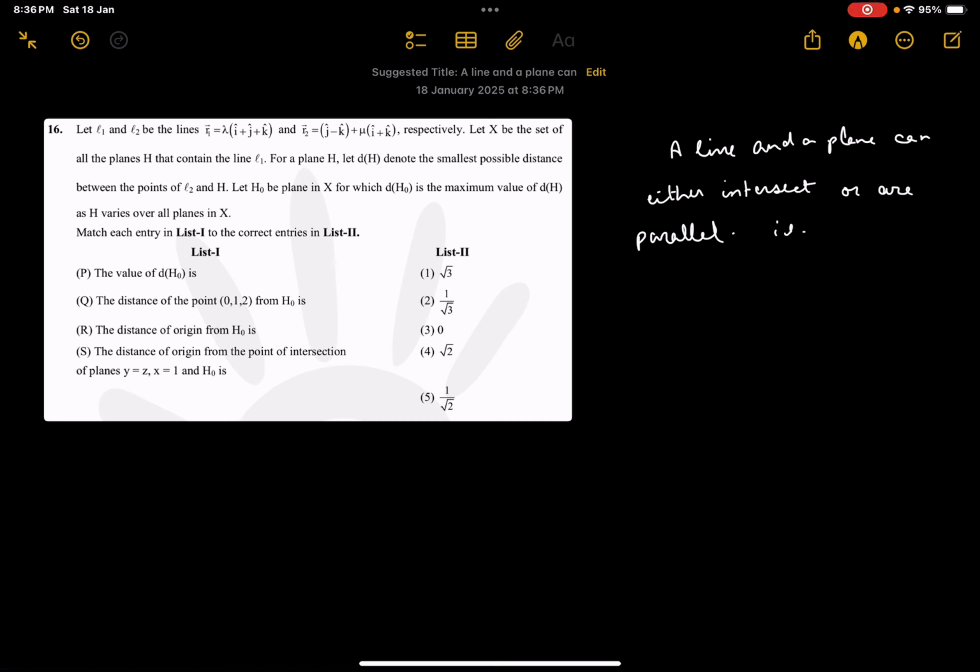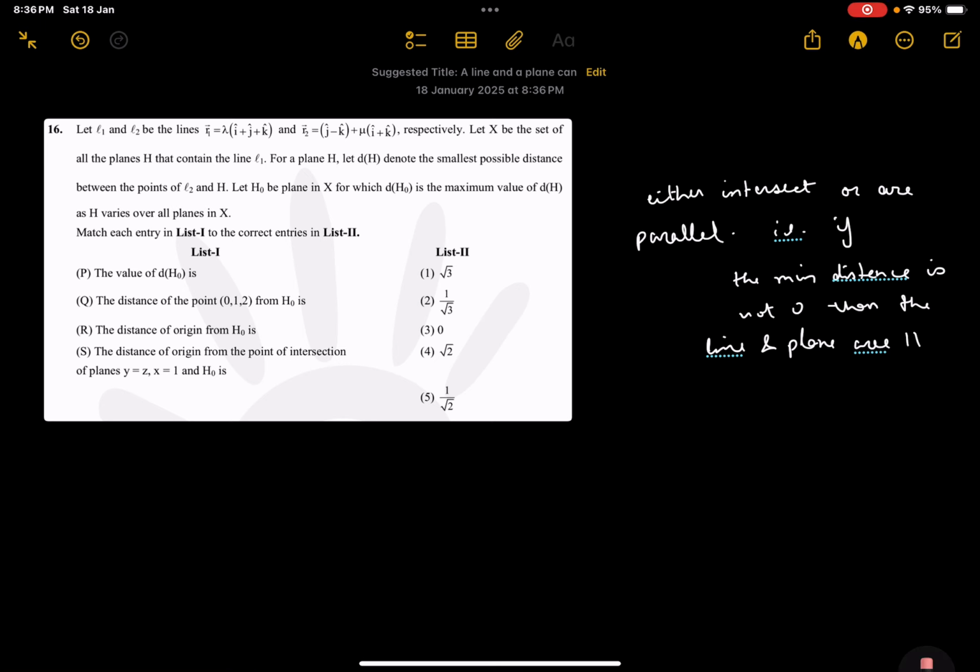So that is, if the minimum distance is not 0, then the line and plane are parallel. So starting with this, let's dive in.